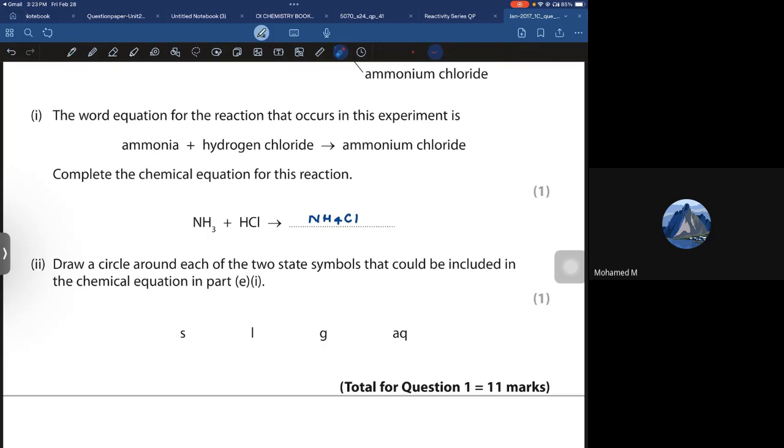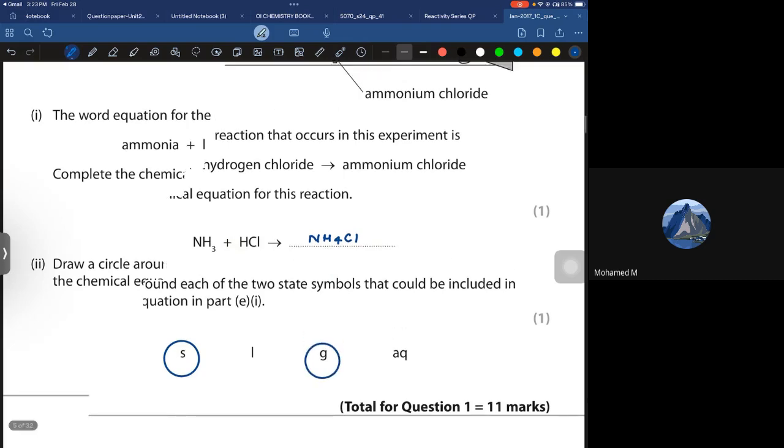So this is aqueous, this is solid. There is no liquid in this. So I would be drawing a circle over S. Only the solid is there, and also a gas is there.